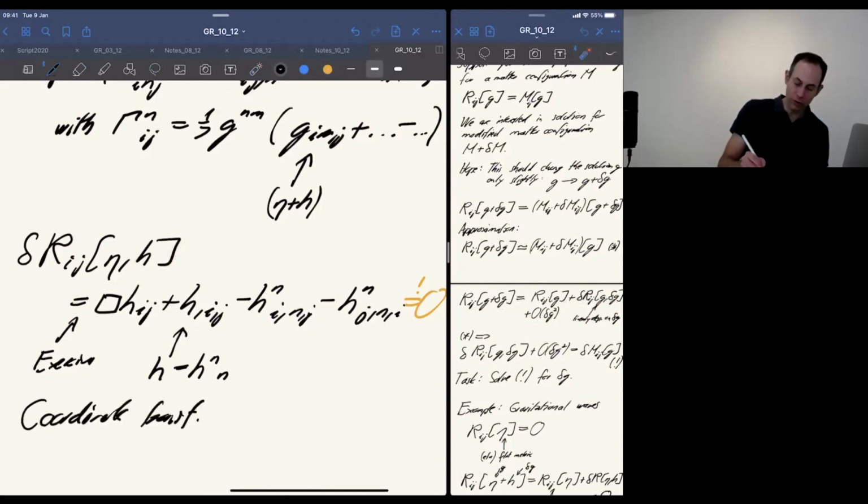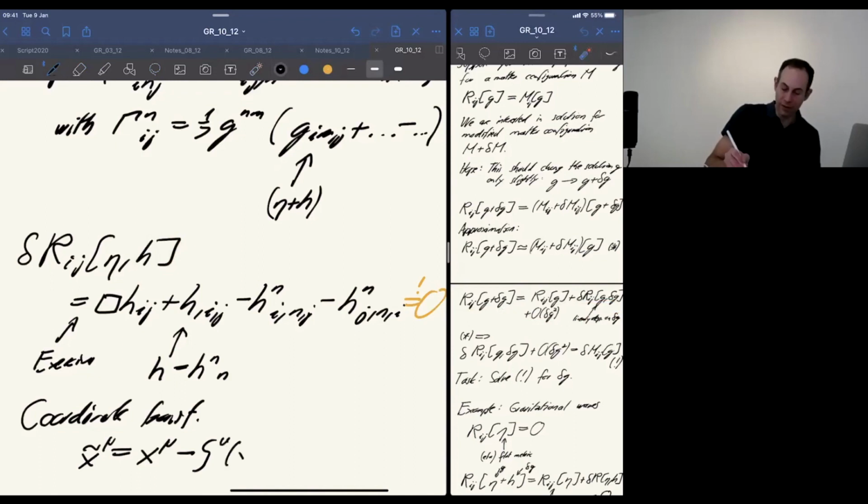We could go to a new coordinate system where we turn from coordinates to tilde coordinates by doing some little shift. So this just means the new coordinates, the tilde coordinates, are obtained by taking the old coordinates x and shifting it with a little psi.